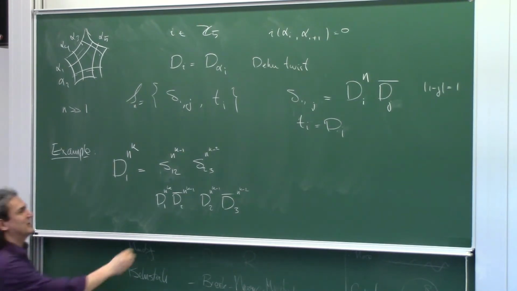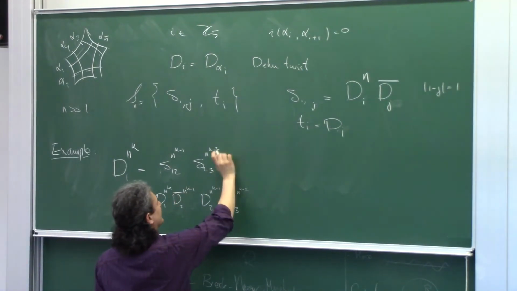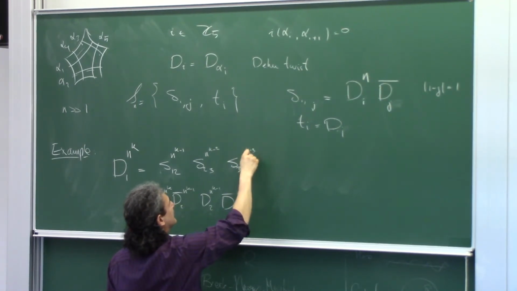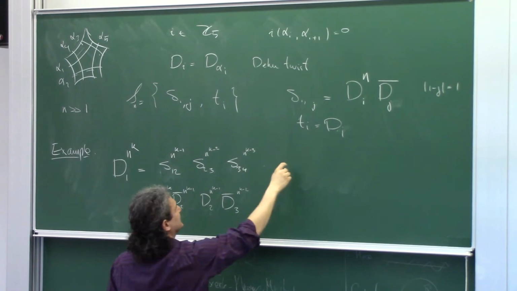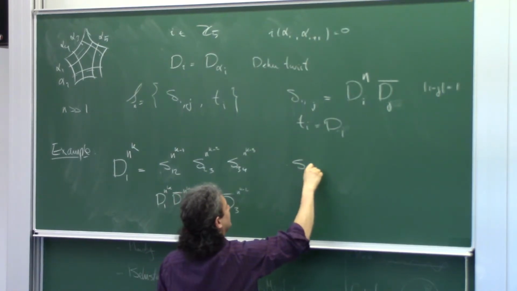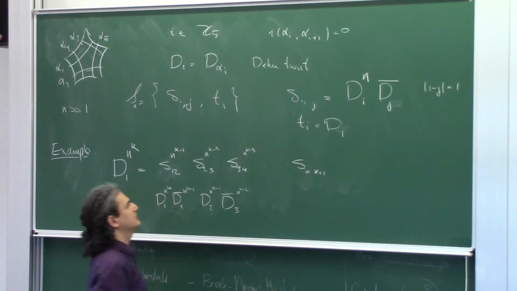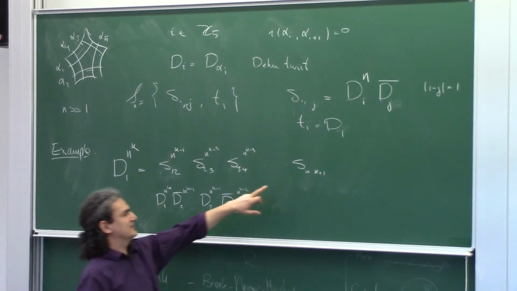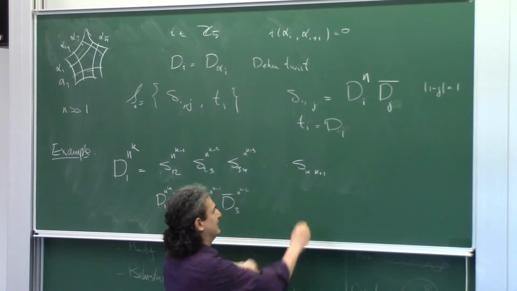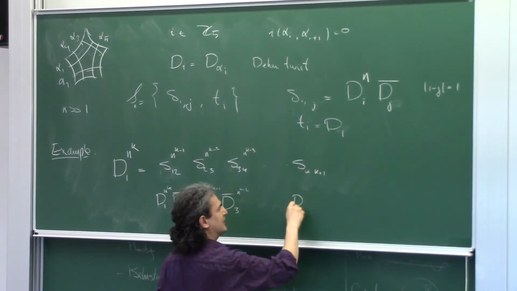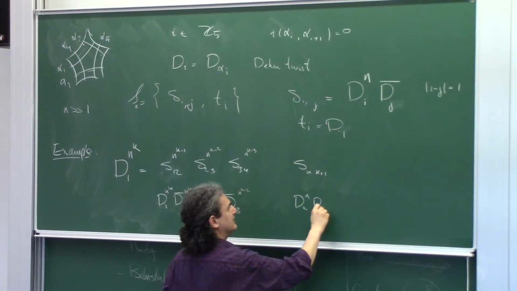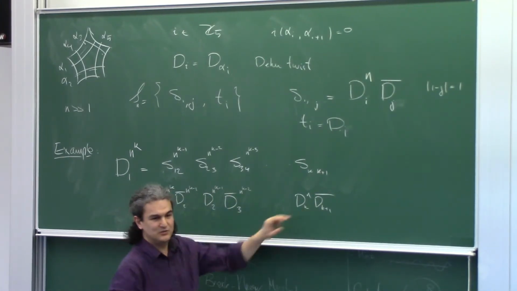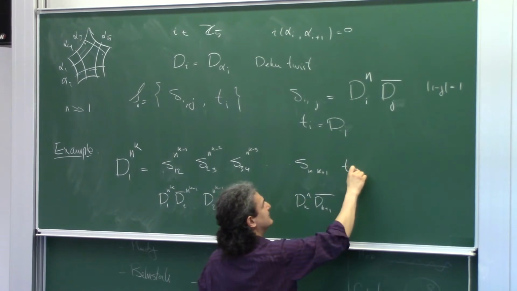So I just keep doing that. s3,4 to the power of n to the k minus 3, and I would get eventually s k,k plus 1 to the power of n to the 0. At this point, I have only the last thing I've done, that was dk to the power of n, dk plus 1 inverse. So I just need one more element to get the last two, and that's t k plus 1.